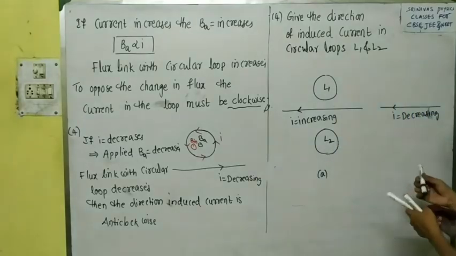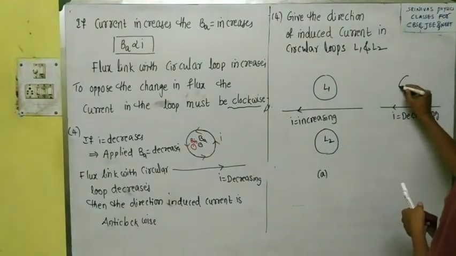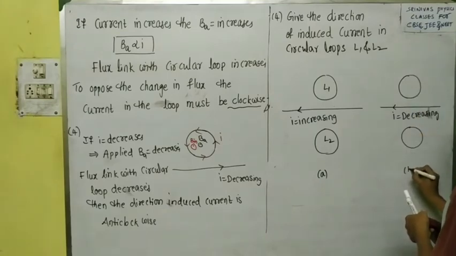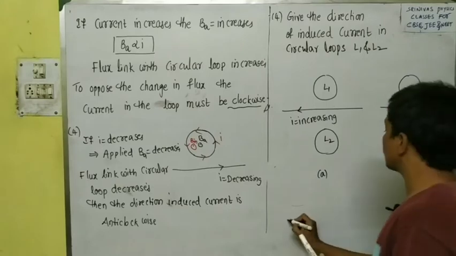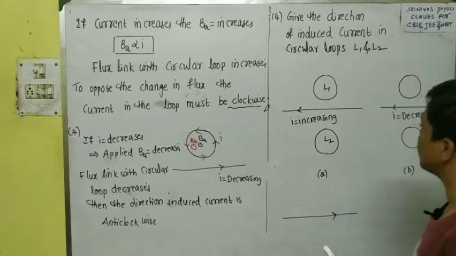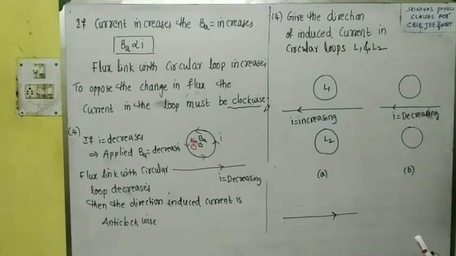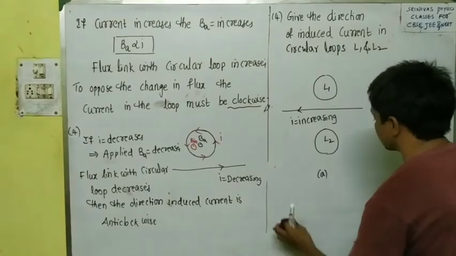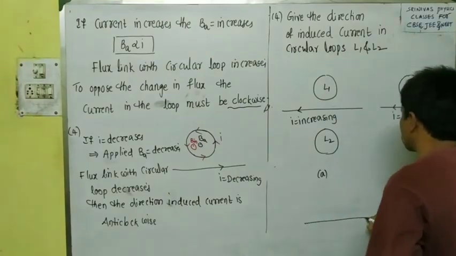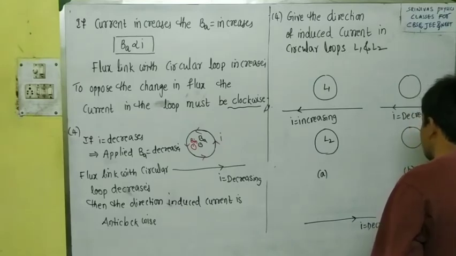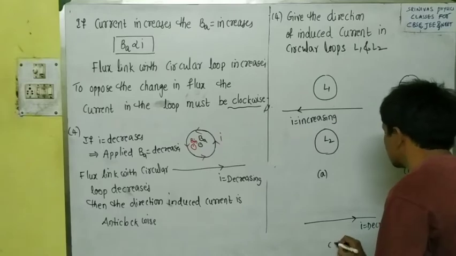Now in this case the current is decreasing. This is the B diagram. And one more I will write, on this side. Oh, this is enough, I think. On this side the current is decreasing. Then what happens? See.